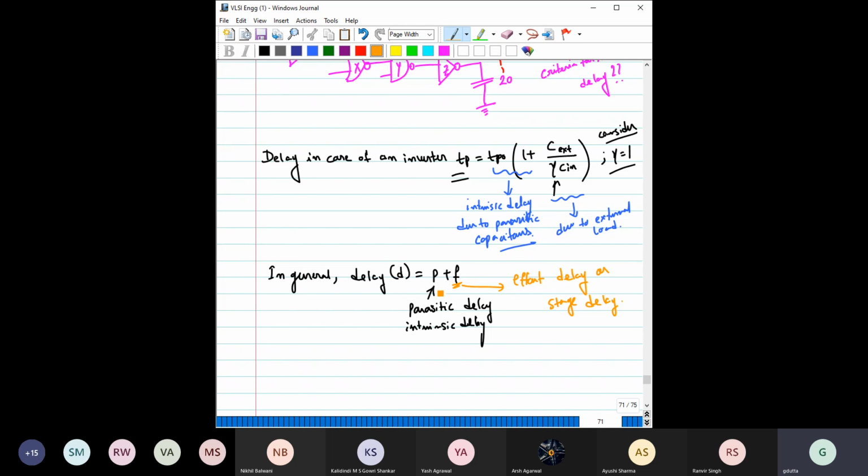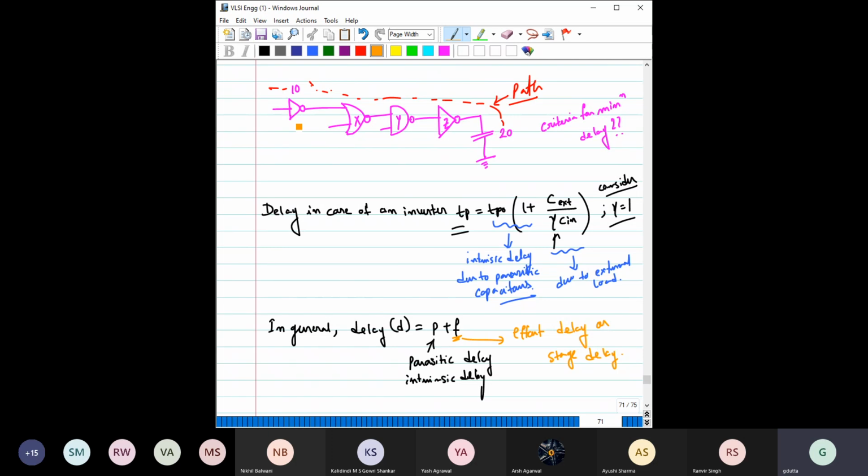This parasitic delay is completely dependent on the gate. If it is an inverter, it completely depends on the inverter. Nothing external can influence this. And F is the effort delay and the stage delay, so it depends on what the next gate is, what the complexity of the next gate is, meaning what capacitor the first gate has to drive.